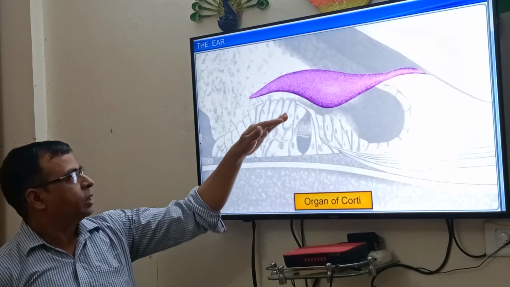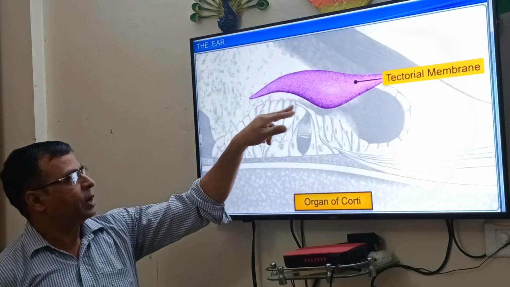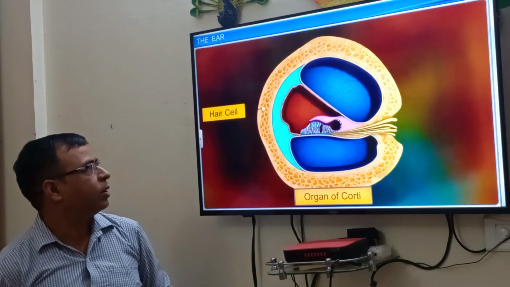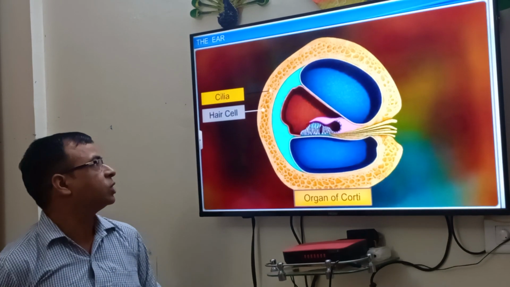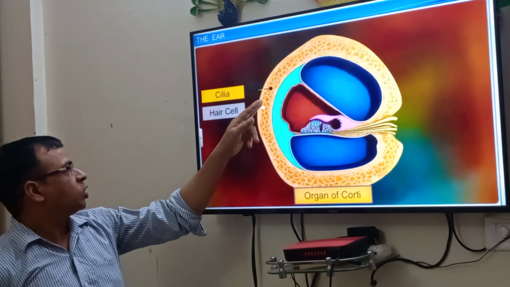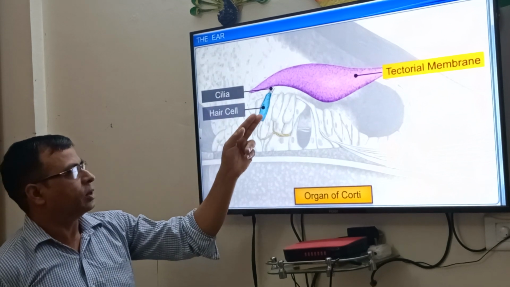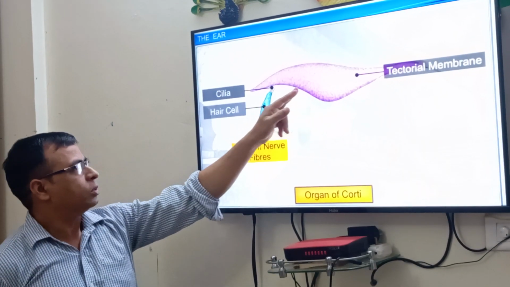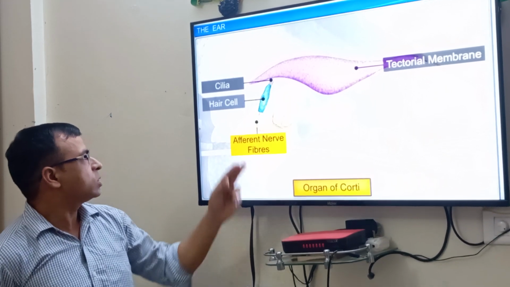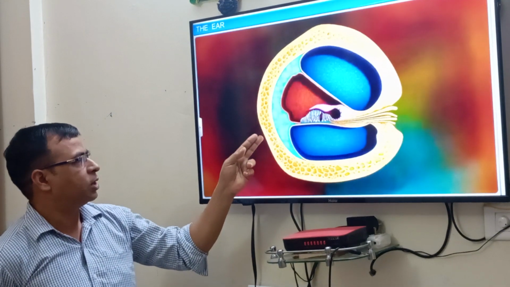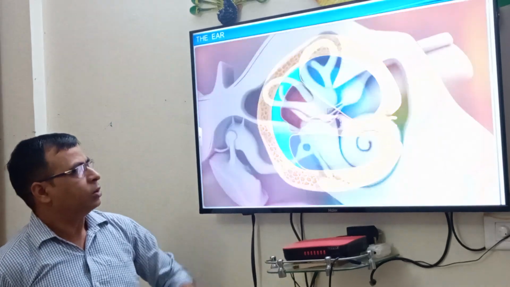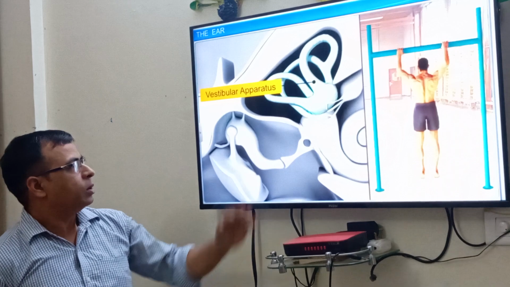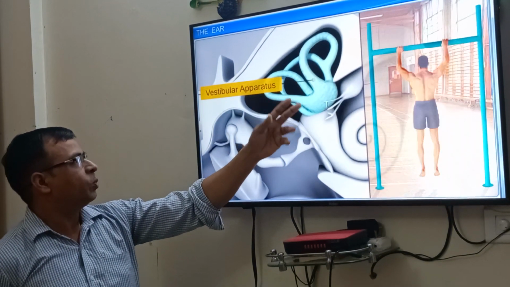There is a thin membranous structure called the tectorial membrane above the rows of hair cells. The apical portion of the hair cells has cilia, and the basal portion of the hair cells is attached to the auditory nerves.